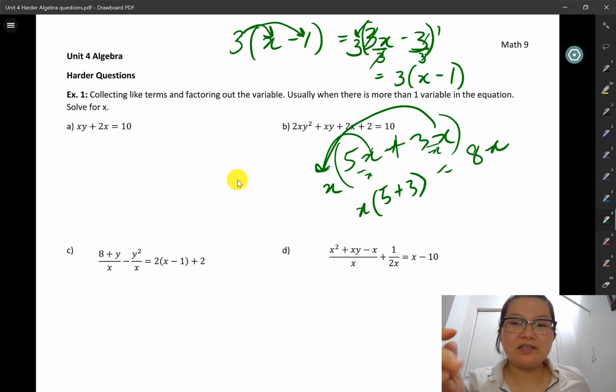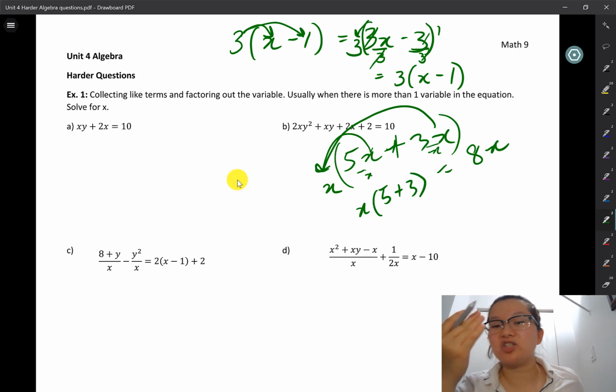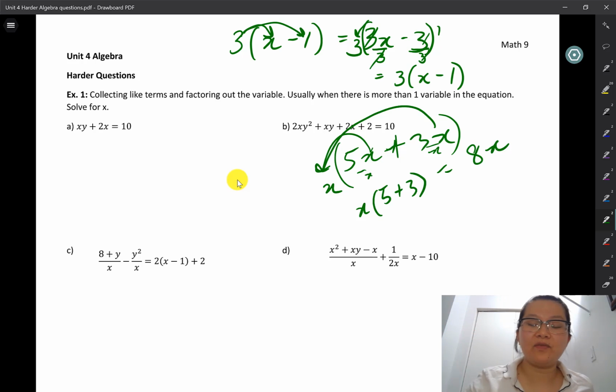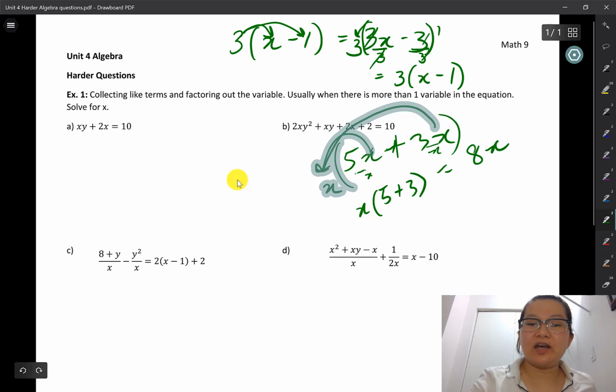So what factoring does is, if instead of this 5 and a 3, we might have more complicated symbols in there, other things that are involved, which we can't simply add the coefficients together. Then we can use this little trick called factoring.